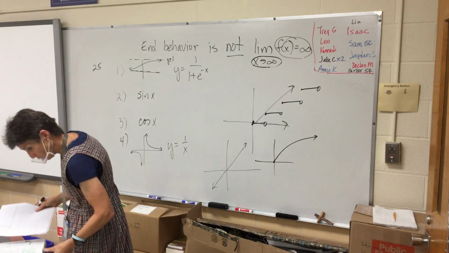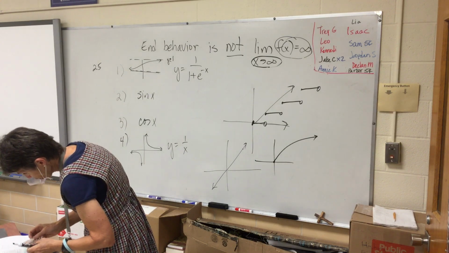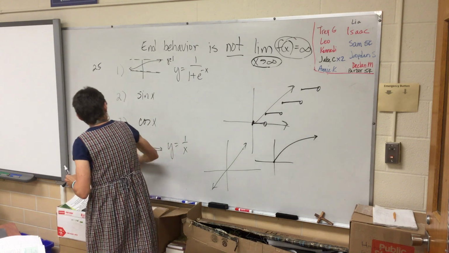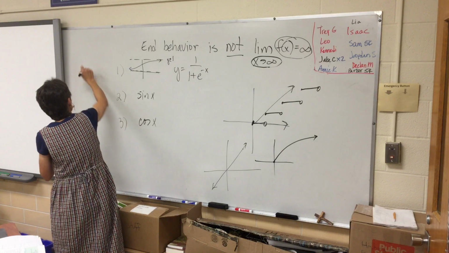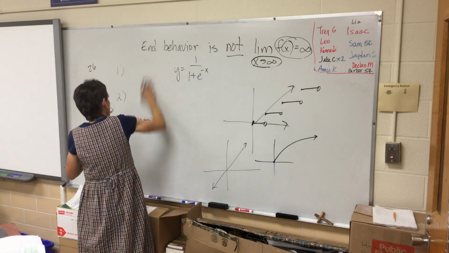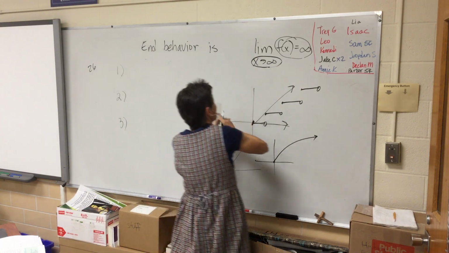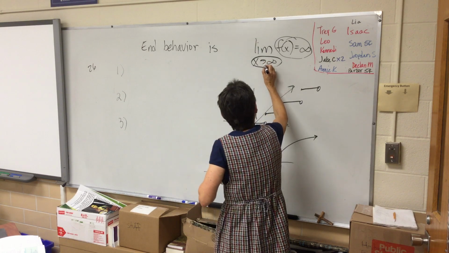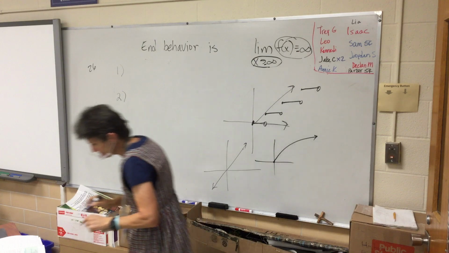All right, there's 3 more, and then we'll do a little bit of review. I'm looking for 3 functions now. These problems are straight out of your book. I'm looking for 3 of them that have end behavior where, as we approach negative infinity, we're going to negative infinity.